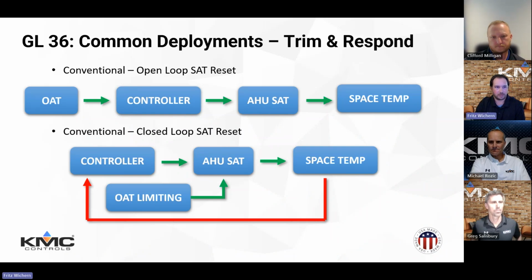Your next conventional setup is a closed loop supply air temp reset, which shows us how to create a feedback loop and allows the zone we want controlled to tell the air handler what to do. Outside air still has an effect on it, but by defining these reset limits, it's not directly controlling the heating or cooling delivered to the space. So, any other notes on that one?